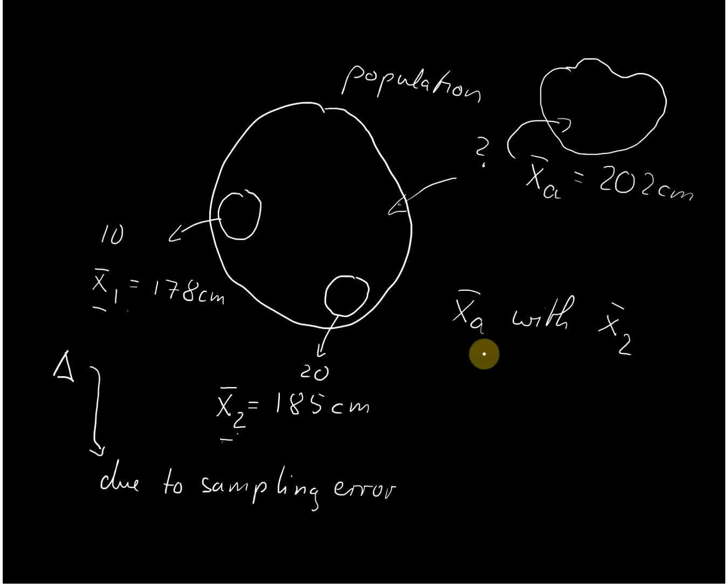And I can ask the question, is the difference between A and 2 simply due to sampling error?